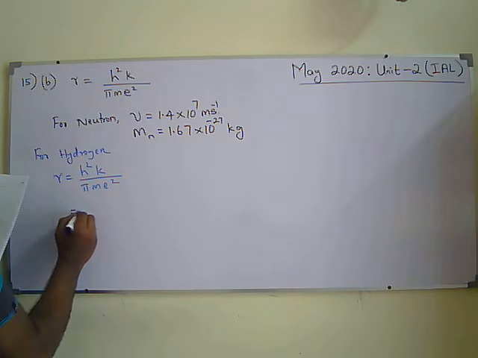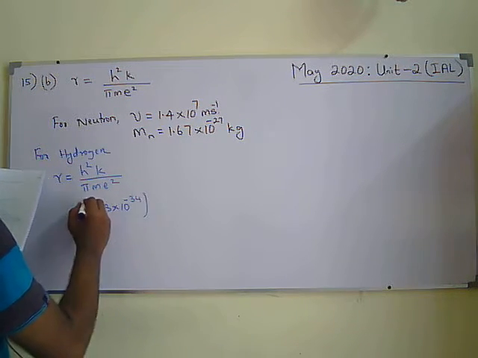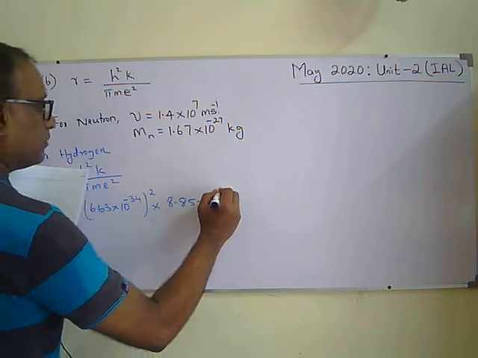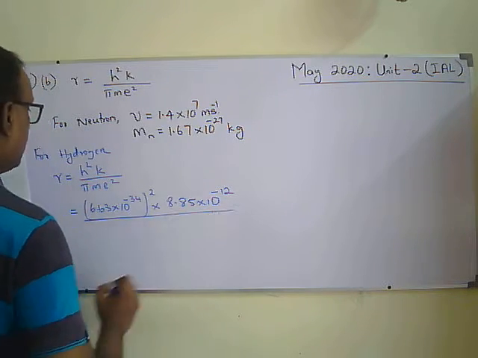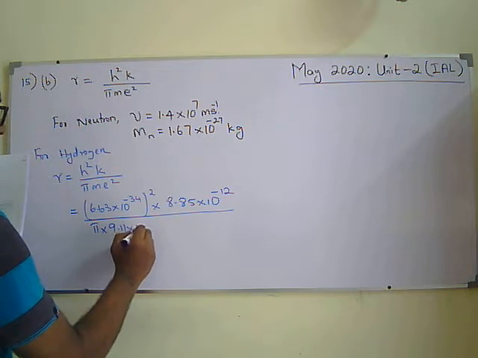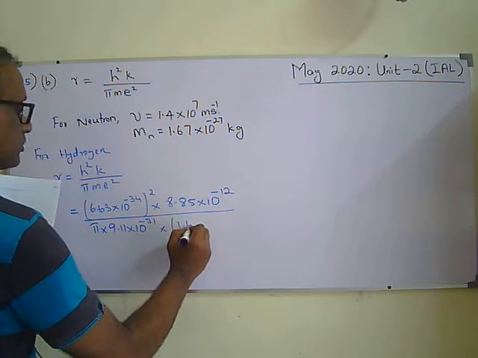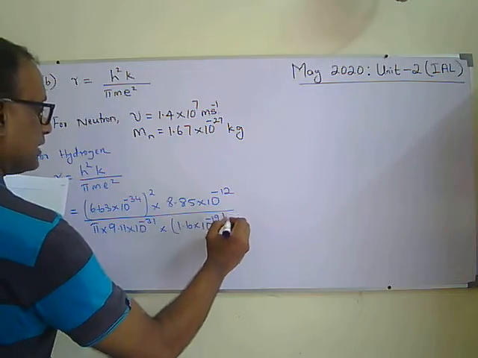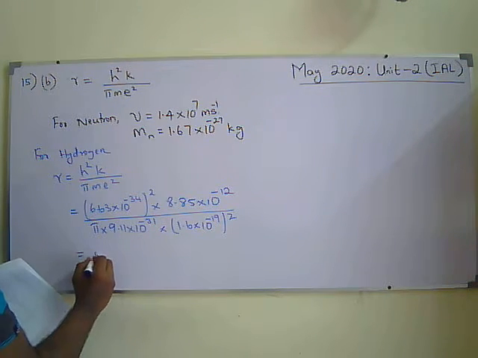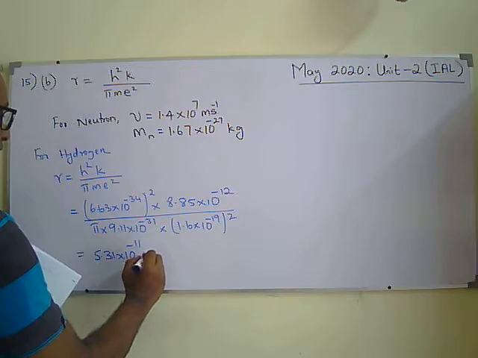We'll substitute the values. h is 6.63 × 10^-34, all squared. k is 8.85 × 10^-12, divided by pi times m, the mass of an electron, 9.11 × 10^-31, into 1.6 × 10^-19, the charge of an electron, squared. When you solve, you will get the radius of the hydrogen atom as 5.31 × 10^-11 meter.